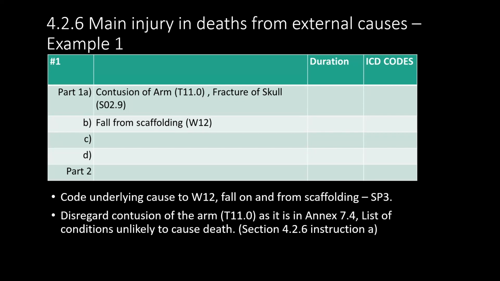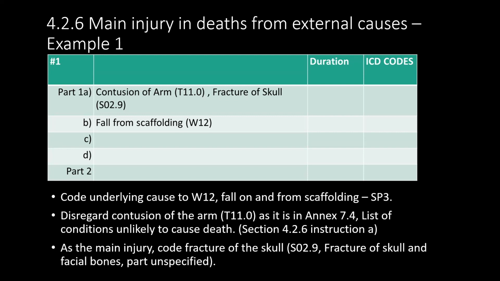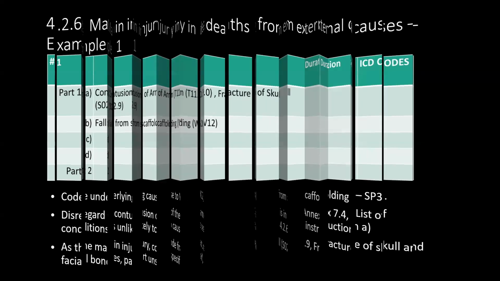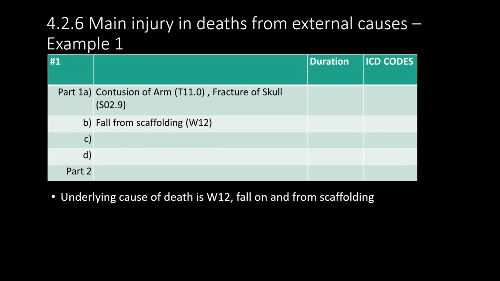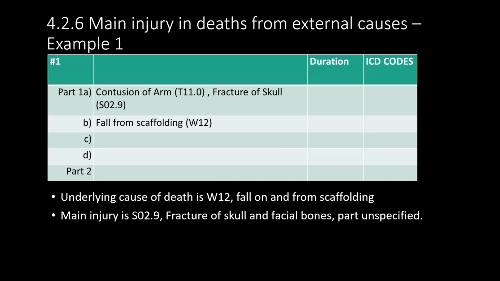So this is according to Section 4.2.6 instruction A. As the main injury, code fracture of the skull S02.9, fracture of skull and facial bones, part unspecified. Therefore, for this example, underlying cause of death is W12, fall on and from scaffolding. Main injury is S02.9, fracture of skull and facial bones, part unspecified.